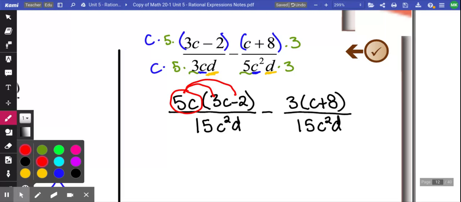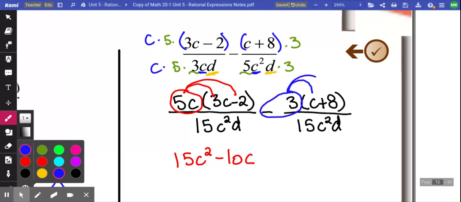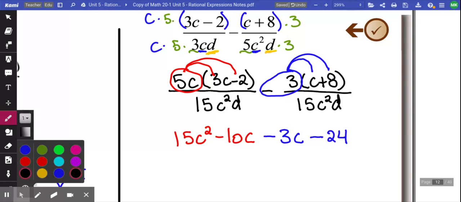They do a good job with the 5C to become 15C squared minus 10C, but they don't do a good job with the negative 3. Make sure the negative multiplies in as well to become negative 3C, negative 24. It's the 24 that people usually miss, so make sure you have negative 24.